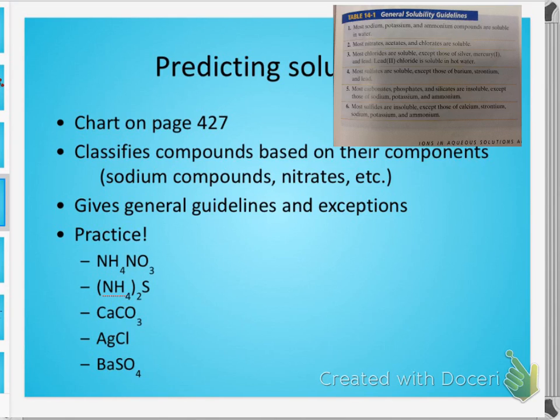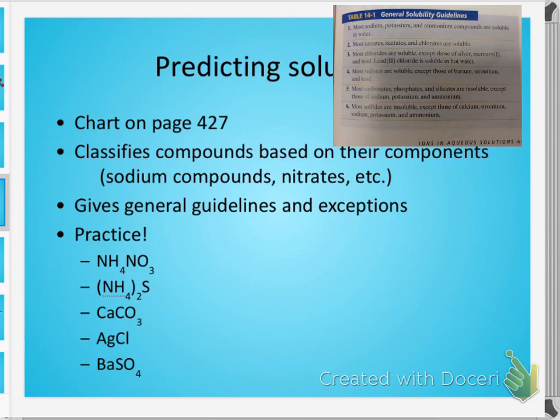For your party trick, here is what you need to know about predicting solubility. All the compounds are classified based on their components. So if it's sodium chloride, sodium bromide, or sodium phosphate, it's a sodium compound. If it's magnesium phosphate or calcium phosphate or iron phosphate, it's a phosphate compound.